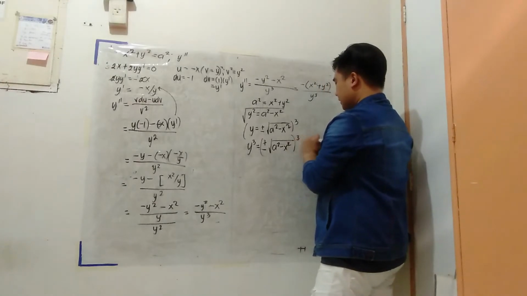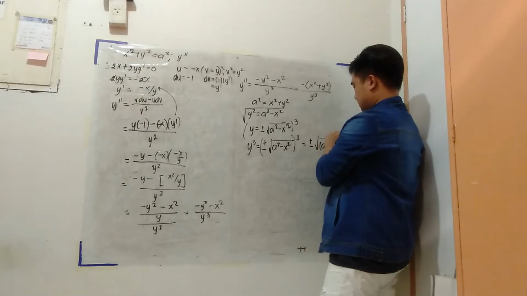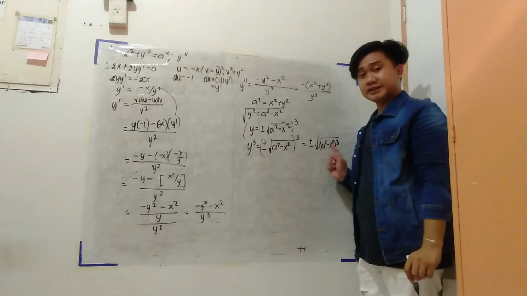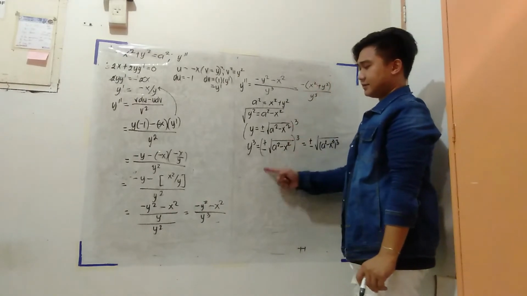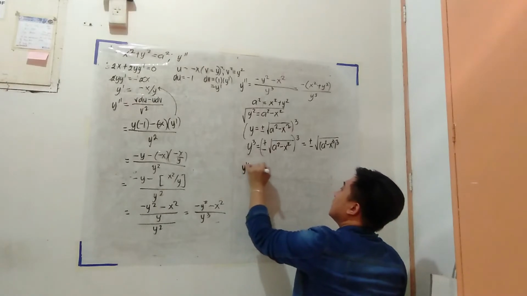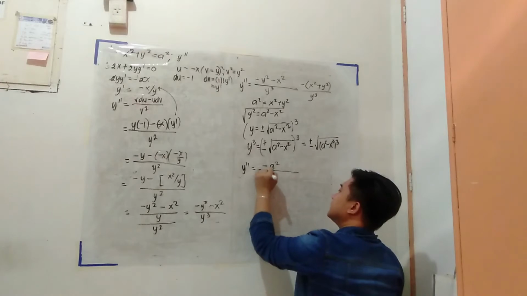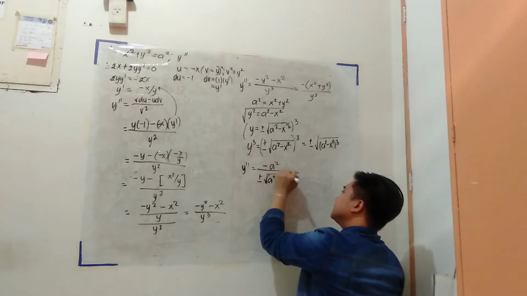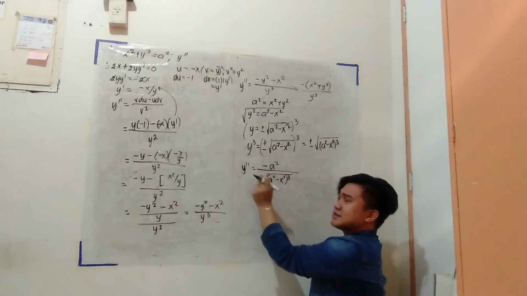Or pwede kong gawin ganito. Okay, properties po yan ng radicals. So, palitan ko na to ng mga a. So, y double prime is equal to negative a squared over plus minus square root of a squared minus x squared raised to 3.